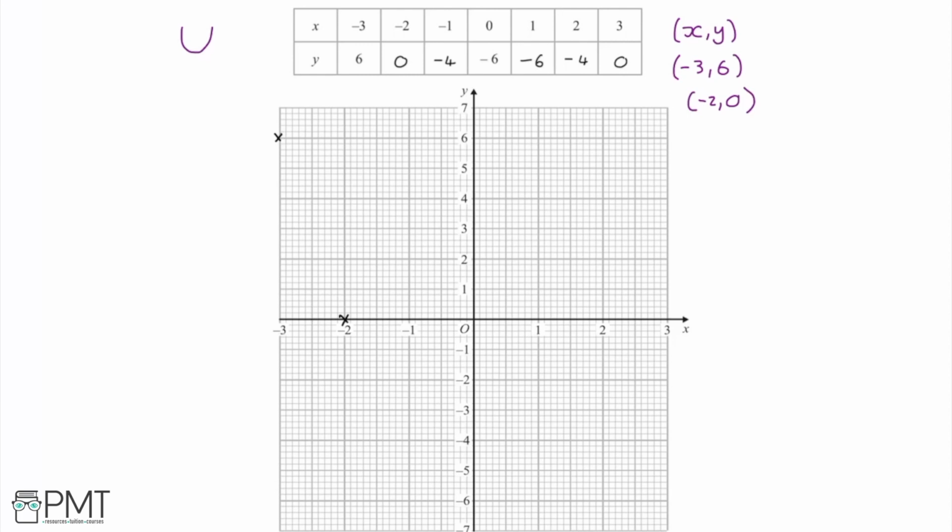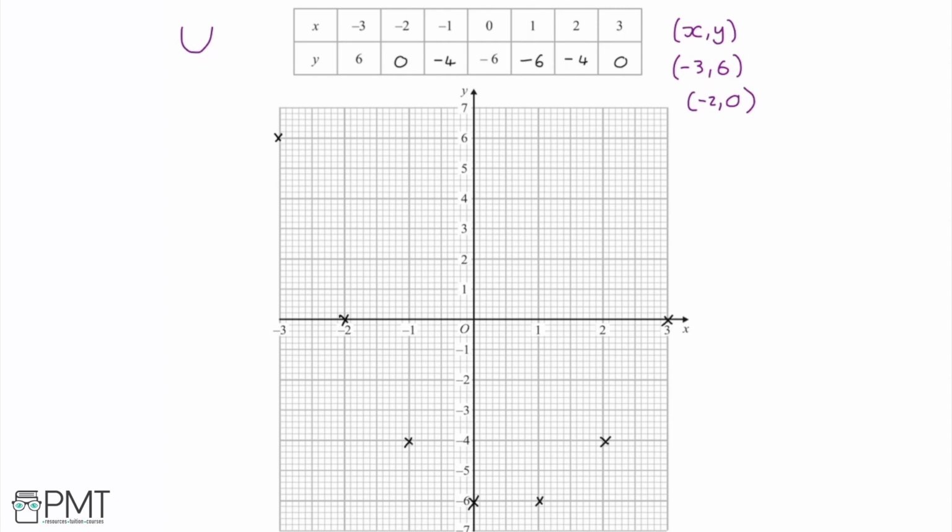Similarly, -1, -4. So I take to -1 on the x-axis and then -4 on the y-axis to get the point here. We then have 0, -6, 1, -6 again, 2, -4, and 3, 0.